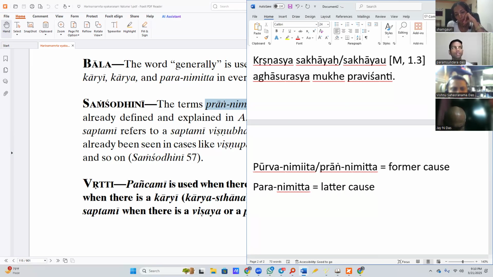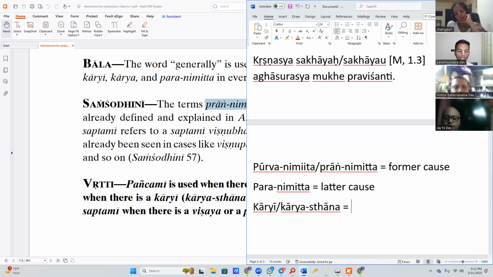Para nimitta is a letter cause. For example, this letter will change into this if this follows. That is the further requirement, called paranimitta. Then another thing is kari, which can also be called karya sthan.